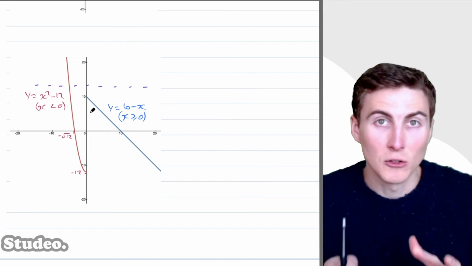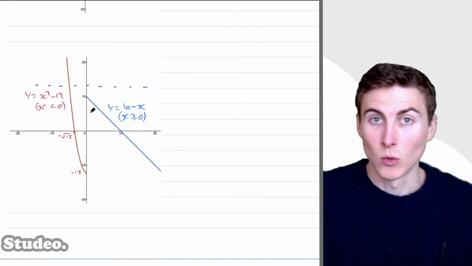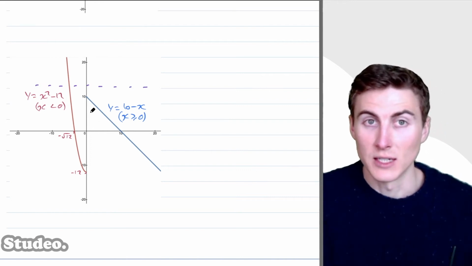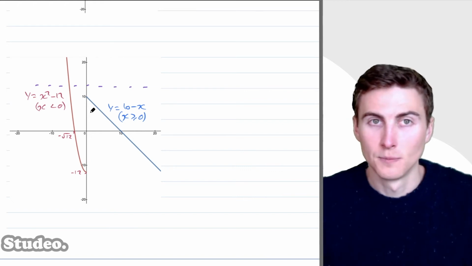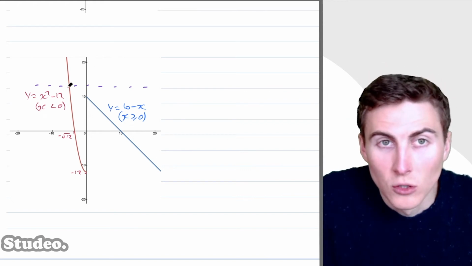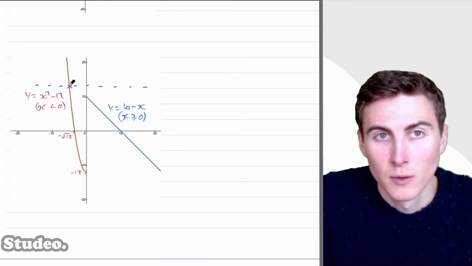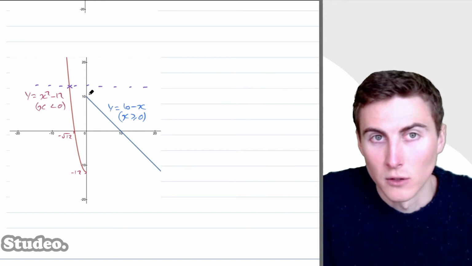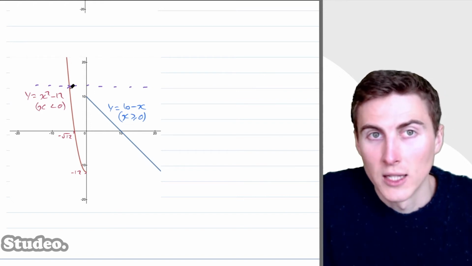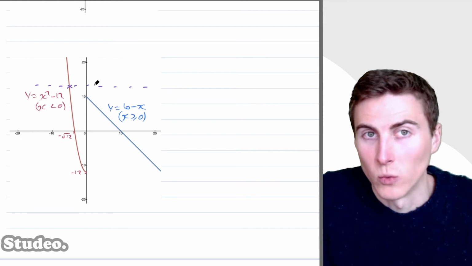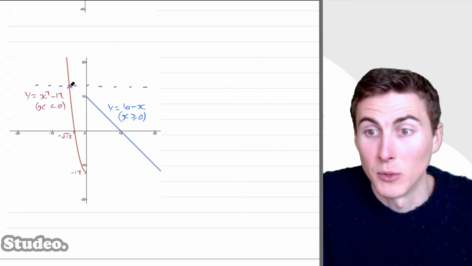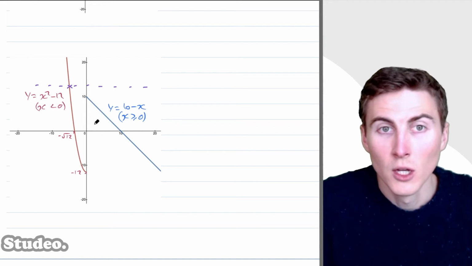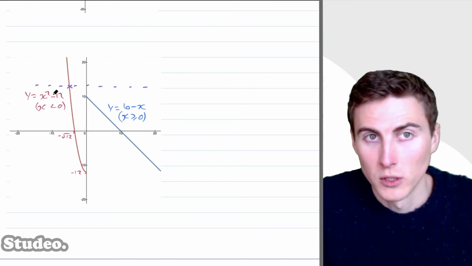We're asking what values of x we need to input to our h(x) function to get an output of 13. We must be looking at this point here, because it's the only point for our h(x) function where the line comes into contact with y equals 13. So we know we're looking at this one.